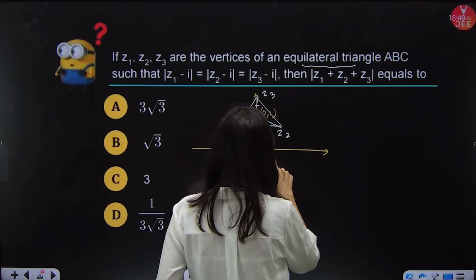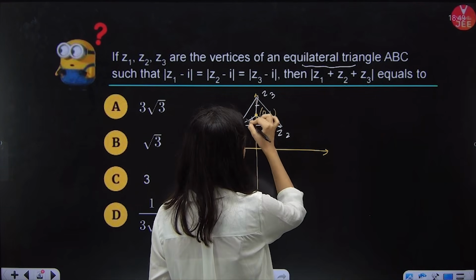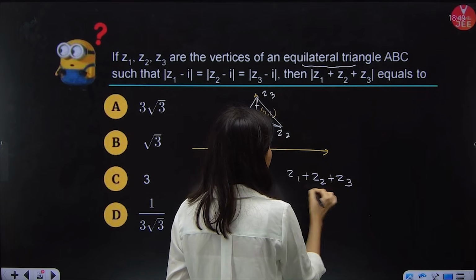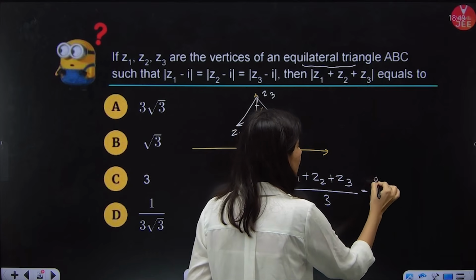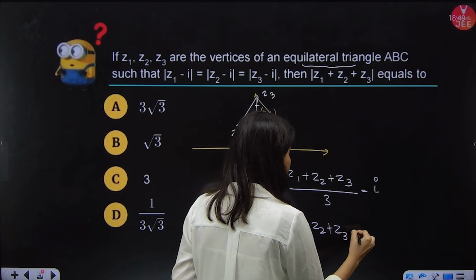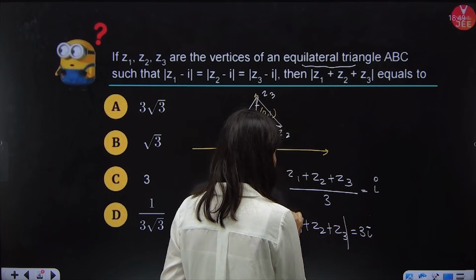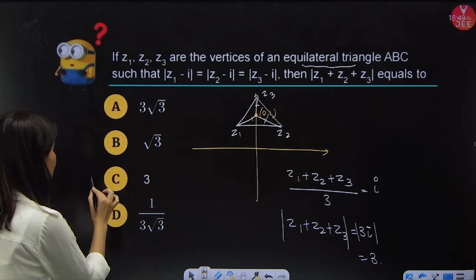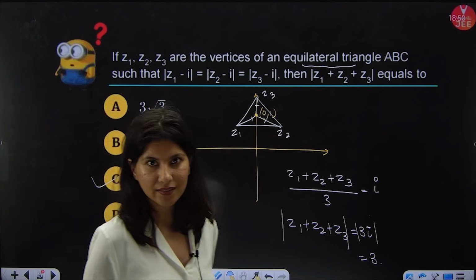So basically the centroid is iota, so (Z1 plus Z2 plus Z3) by 3 is iota, by the centroid formula. So Z1 plus Z2 plus Z3 is 3 iota. If you take the modulus on both sides, it is going to become 3. In this case, option C, 3, is absolutely right.